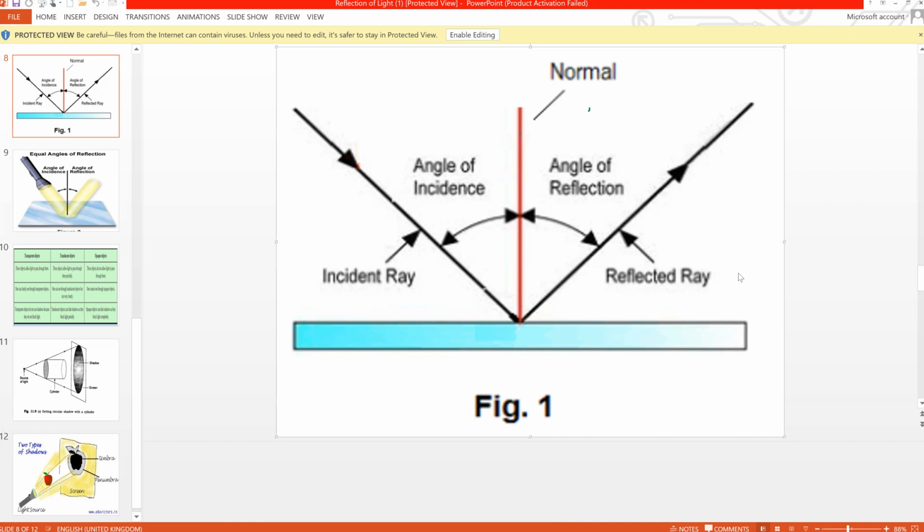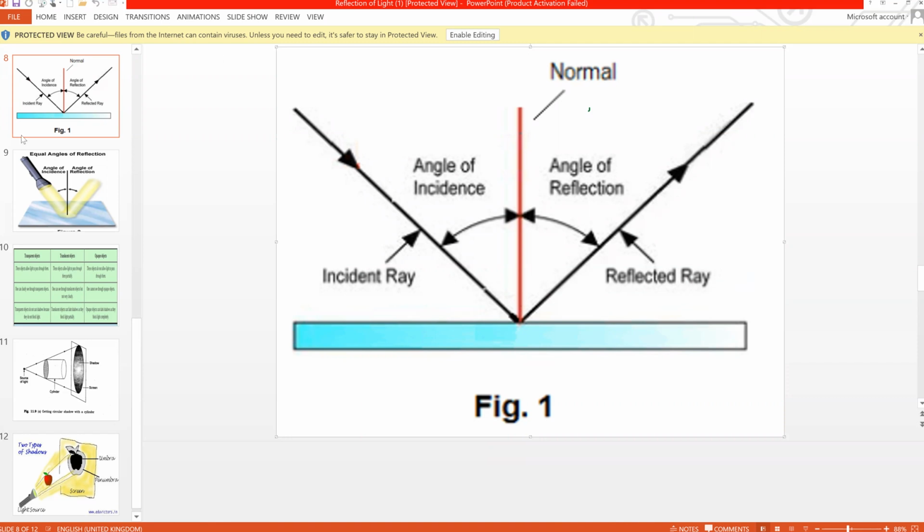You have to understand what is the incident ray, the reflected ray, the angle of incidence, and the angle of reflection. These are all important points for you. If it is clear, then reflections are classified into two types based on the nature of the surface.